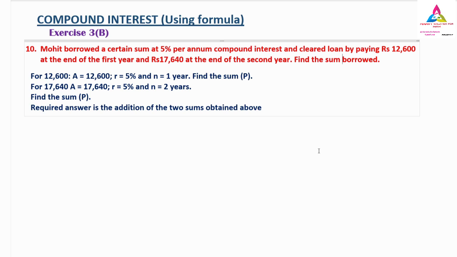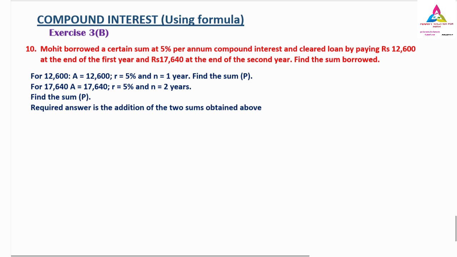So one thing you remember: what he is paying in the first year, that 12,600 rupees, contains not only interest, it also contains some principal amount, not the total principal amount.